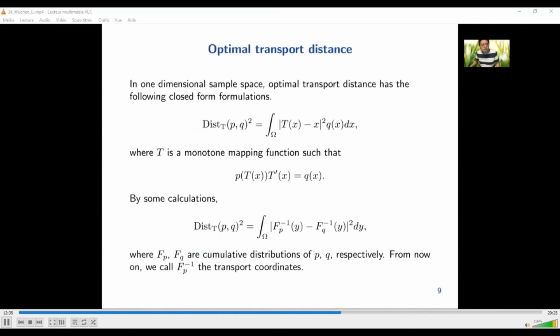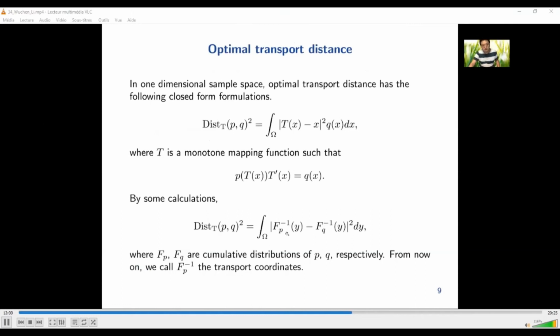So in one-dimensional space, the optimal transport distance has a closed form solution. It's nothing but the integral of (T(x) minus x) squared times q(x), as I said before. And here T is the so-called monotone mapping function such that p(x) times T prime equals q. Okay. So by some calculations, you will find it's very easy to compute.